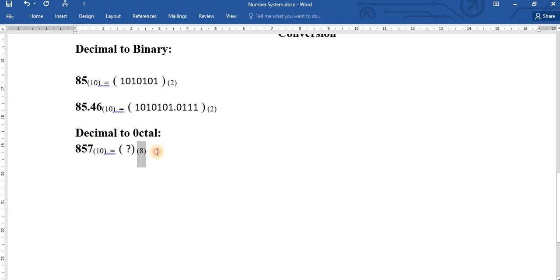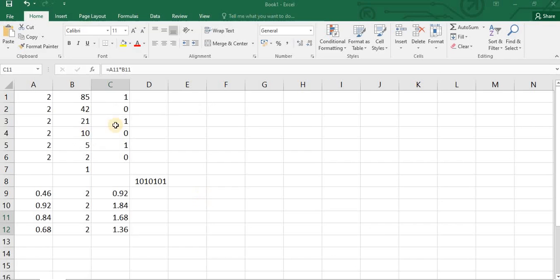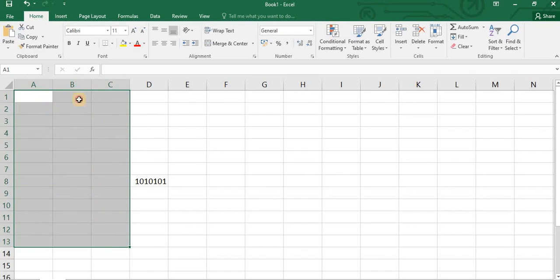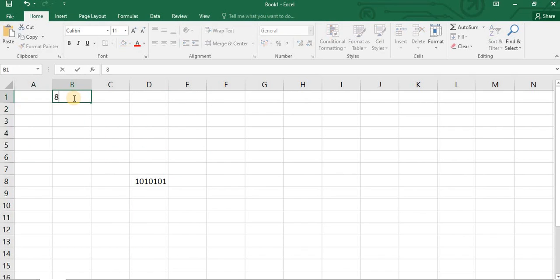So the process is same. Here you have divided by 2, but here you will divide your number by 8. Okay, and you will keep the remainder in reverse order. Okay, let's see. Here you have to divide. So your number is 857.